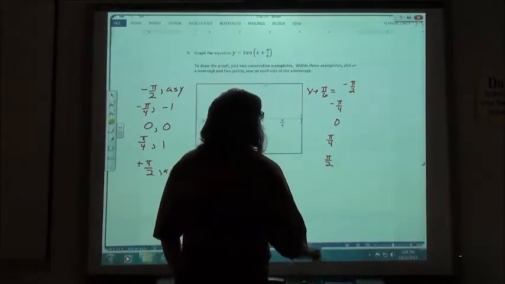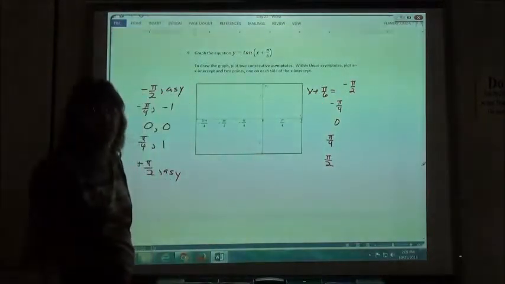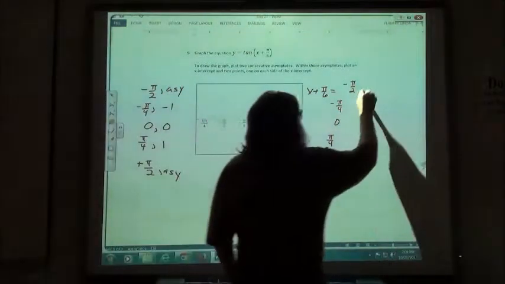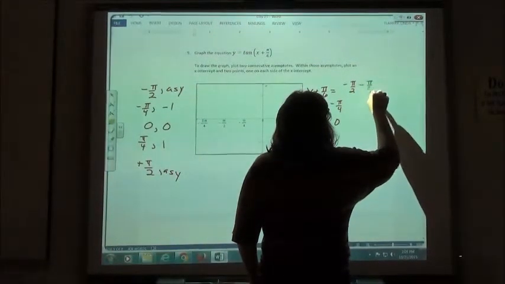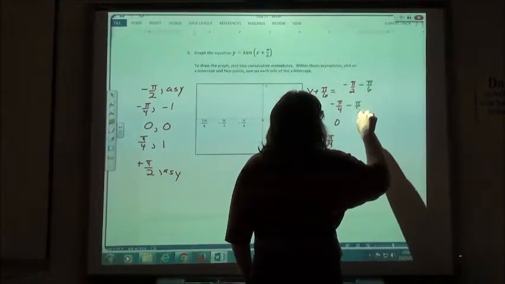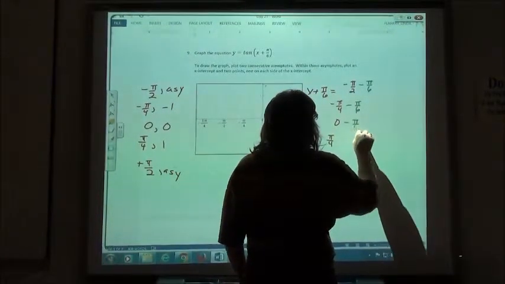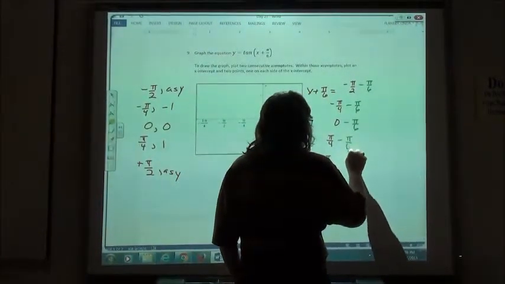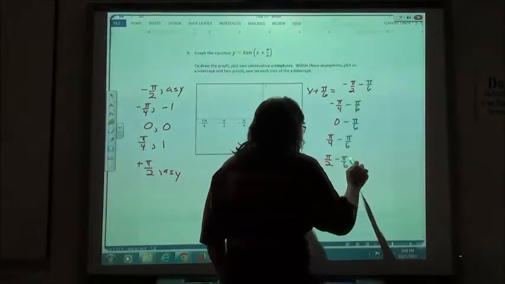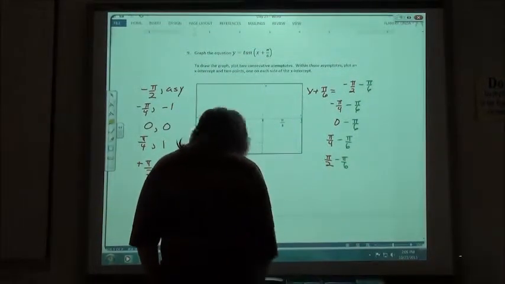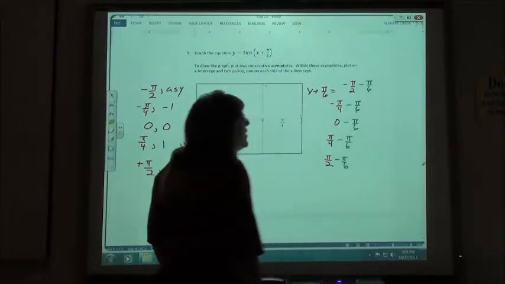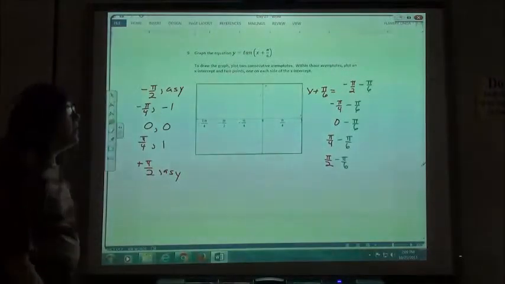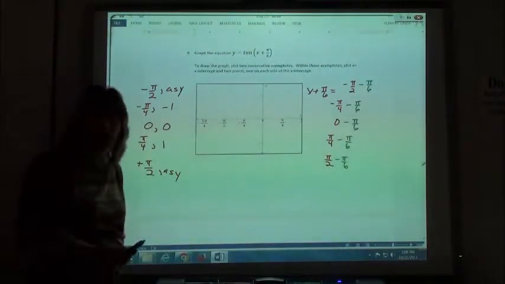If I'm going to solve, I'm going to subtract pi over 6 from each of my values. And then I'm going to do my adding and subtracting with my fractions. Ignore that the pi is there. Think of it as 1. A negative 1/2 minus 1/6.